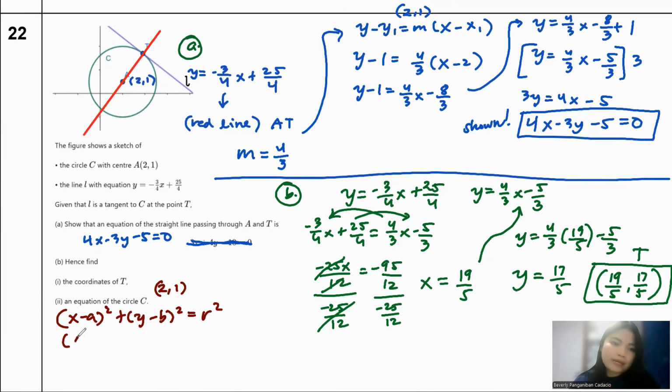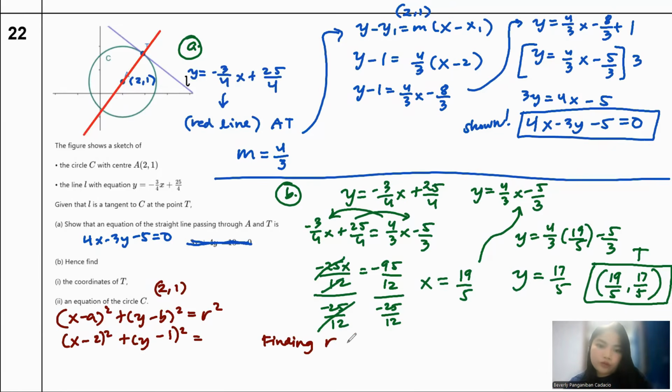So it will become x minus 2 squared plus y minus 1 squared is equal to r squared, where r is our radius. You need to get the distance between, because it's still not given, okay? You need to get the distance, finding r, finding your radius.